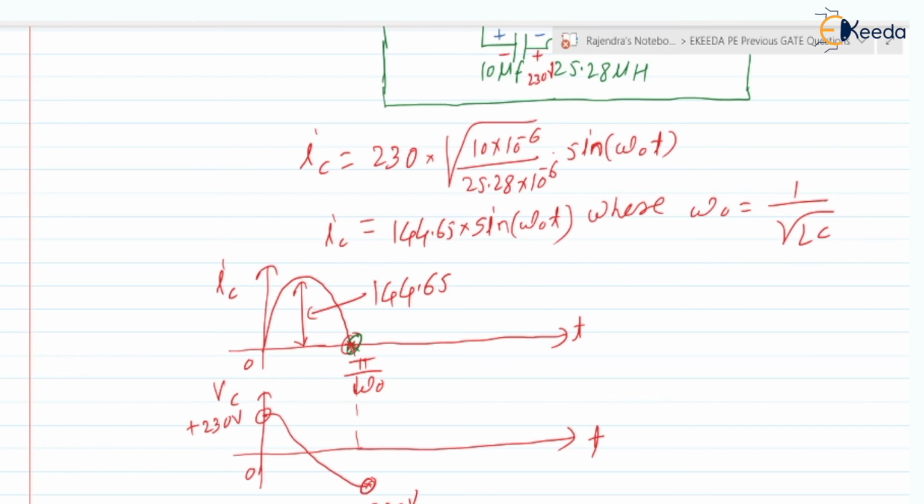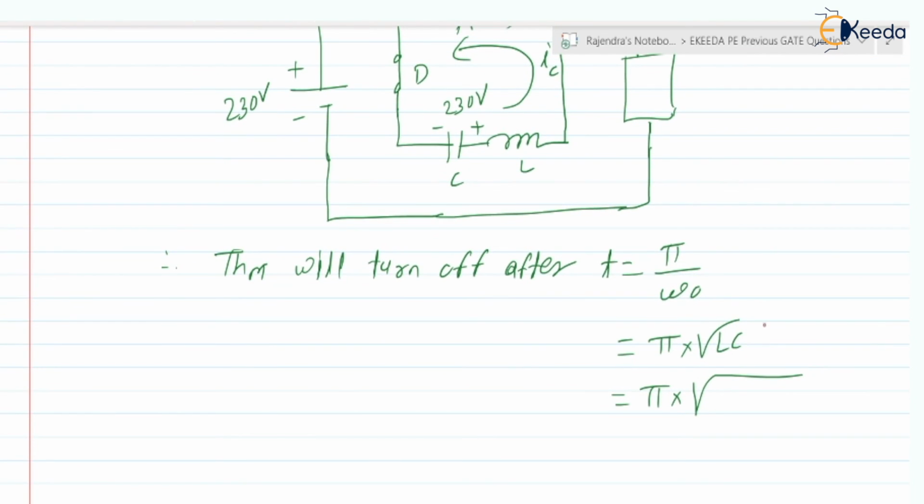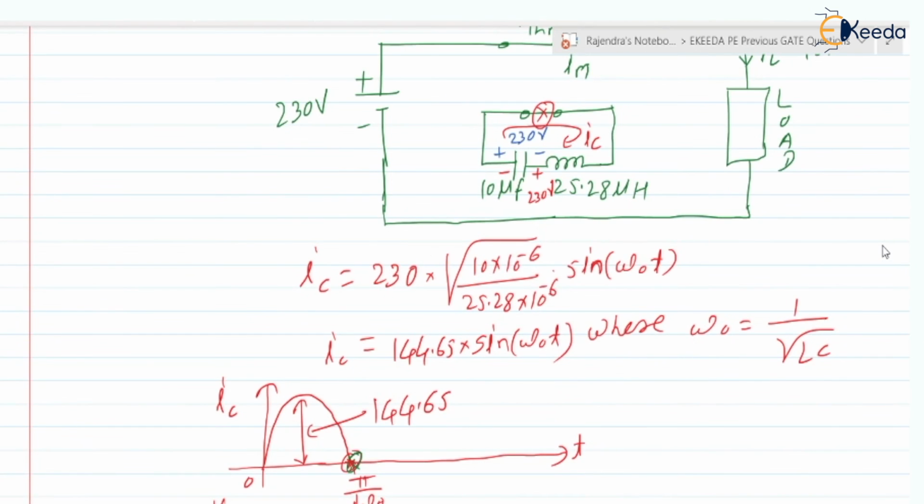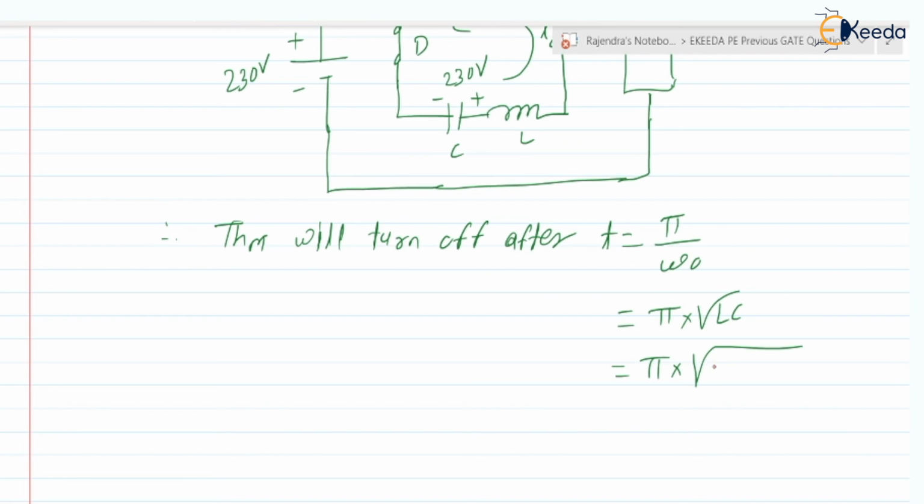So the main thyristor will turn off after t equal to pi by omega 0. So it is pi into root LC, okay? What is the L? 25.28 and C is 10. So 25.28 into 10 into 10 to the power minus 6, 10 to the power minus 6, so it is 10 to the power minus 12. So you can write it is equal to pi into root of 25.28 into 10 to the power minus 12, right?